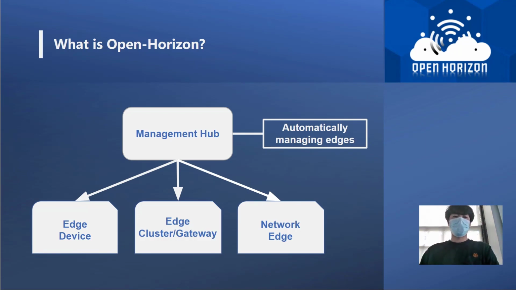So what is Open Horizon? Open Horizon is a platform for managing the service software lifecycle of containerized workloads and related machine learning assets. It enables autonomous management of applications deployed to distributed web-scale fleets of edge computing nodes and devices.